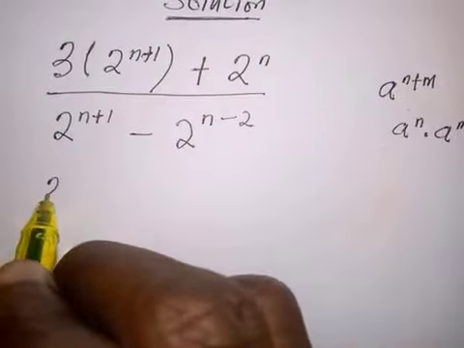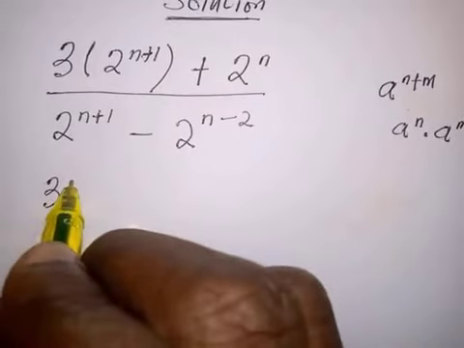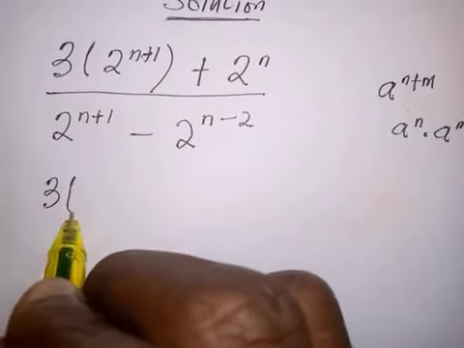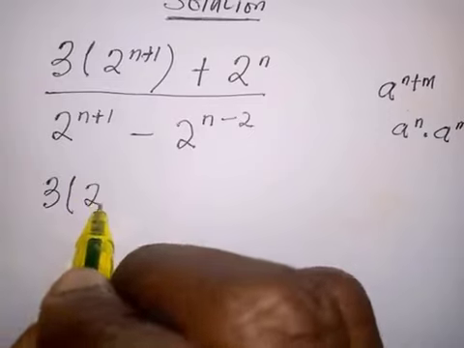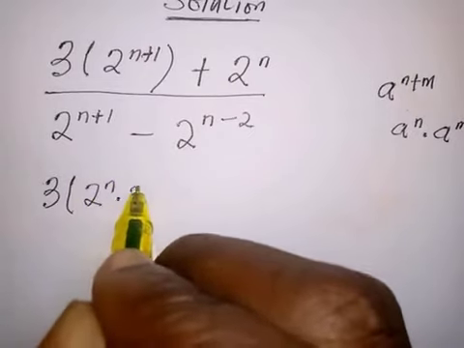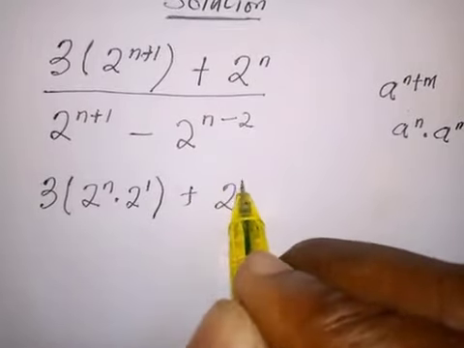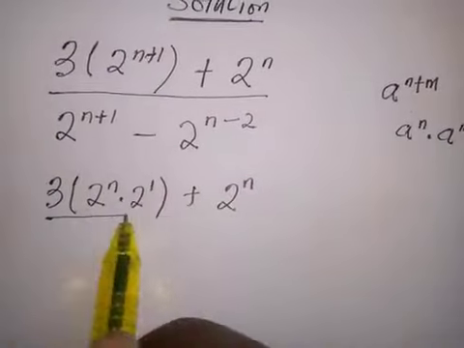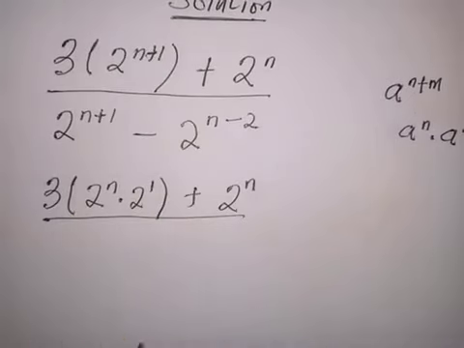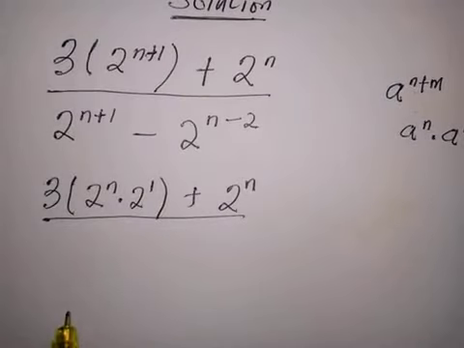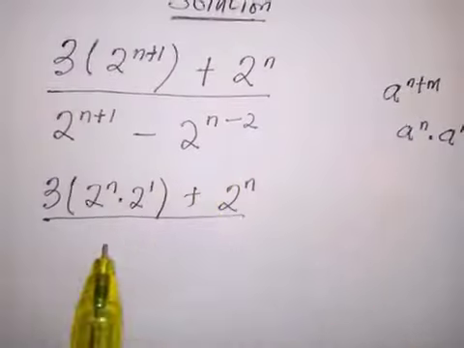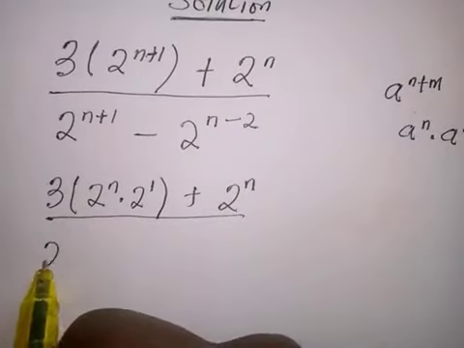So here we have 3 into bracket of 2 raised to power n dot 2 raised to power 1 plus 2 raised to power n, all divided by, so for the denominator, I want to take out 2 raised to power n minus 2.